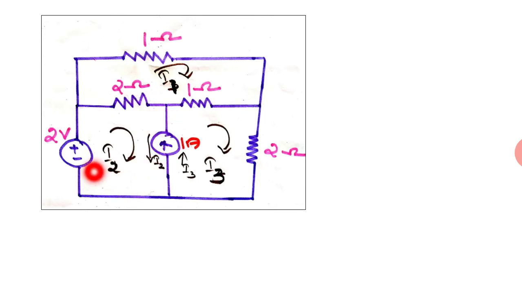Similarly, for the third loop we can write 2I3 minus VC minus 1 into (I3 minus I1) equal to 0. Equating these two equations, we obtain the super mesh equation. So if you have a common current source between two meshes, then we can use the super mesh concept.